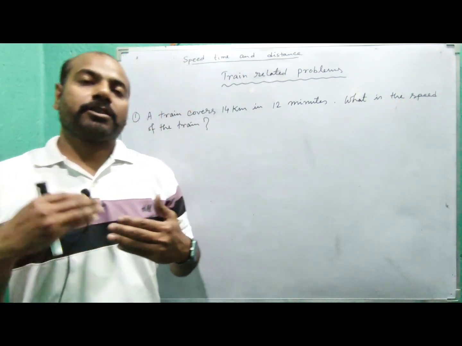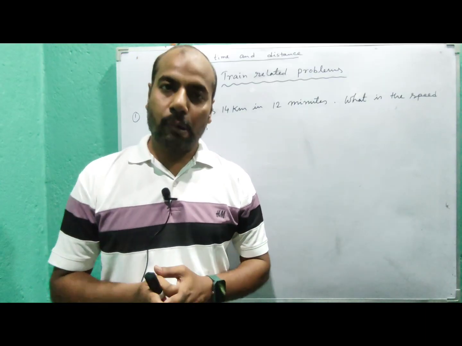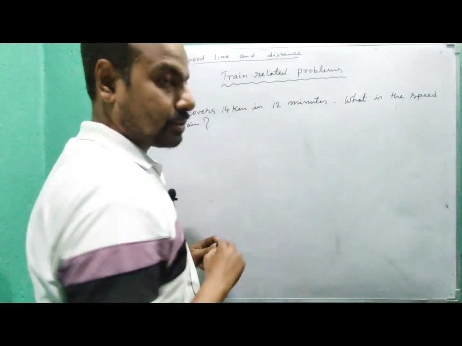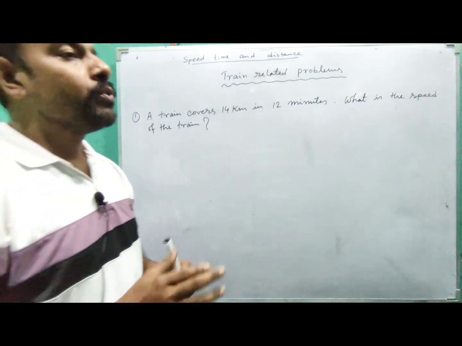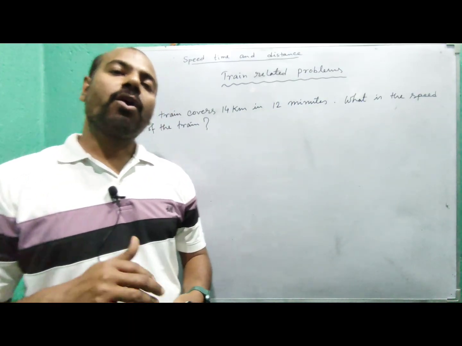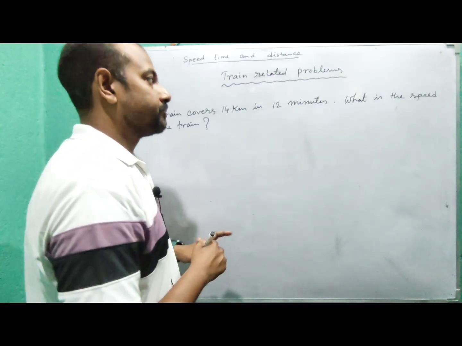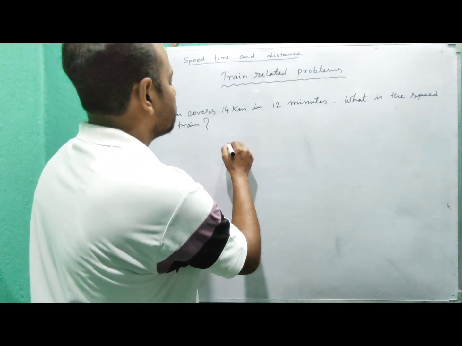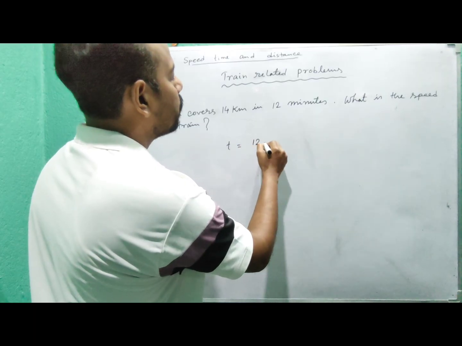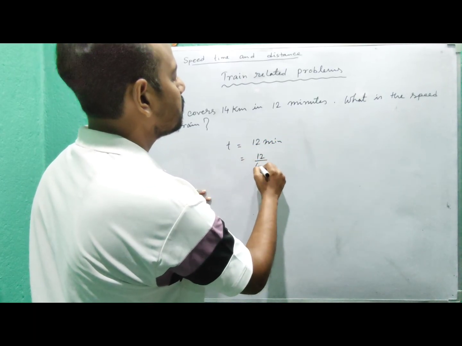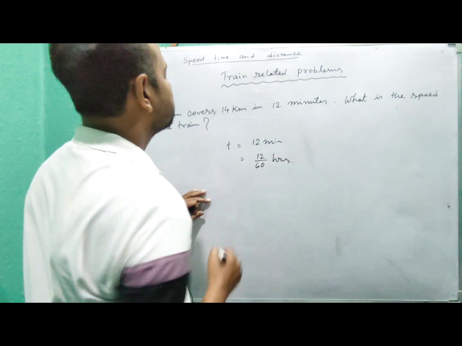We express the speed of a train in kilometer per hour, but here the time is given in minutes. So we can convert this minute into hour or into seconds. So time is 12 minutes, that is 12 by 60 hours.